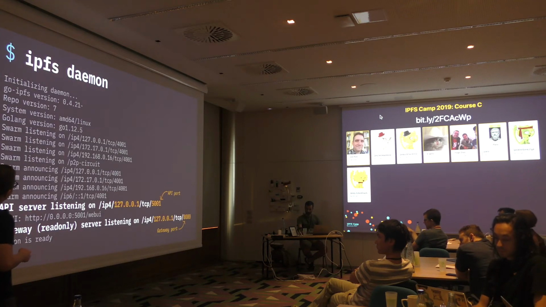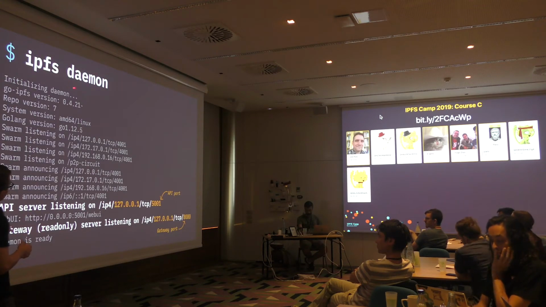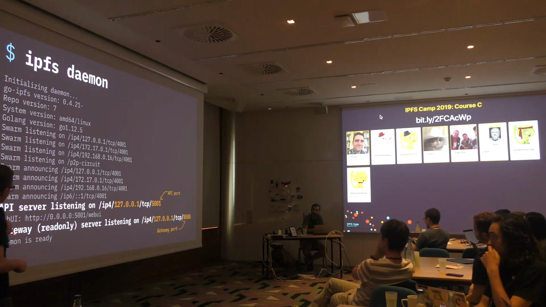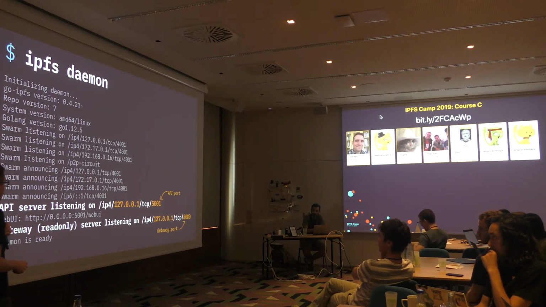That means when you start the IPFS daemon, it will announce itself on multiple ports for other nodes to connect, and it will also open an HTTP port with the API. There's a separate port with the gateway, which you can think of as a read-only, simplified, safe API. We will talk about the gateway later.